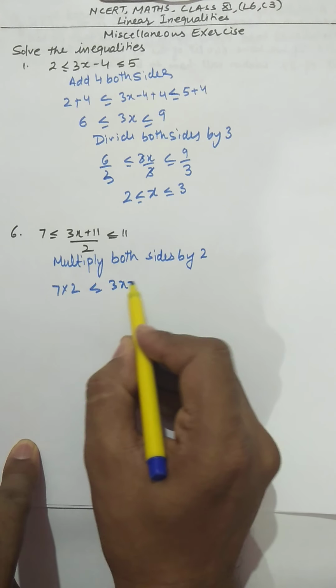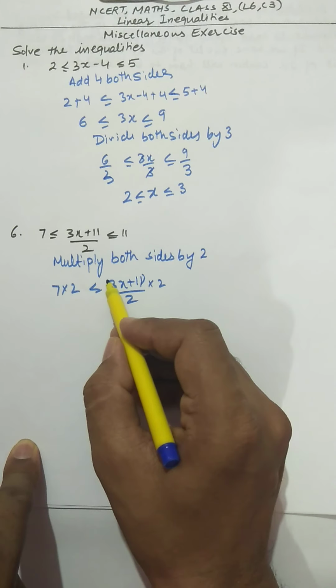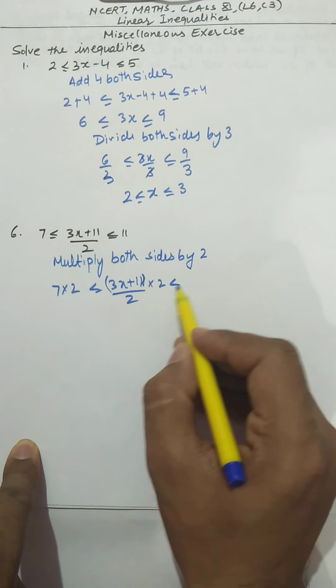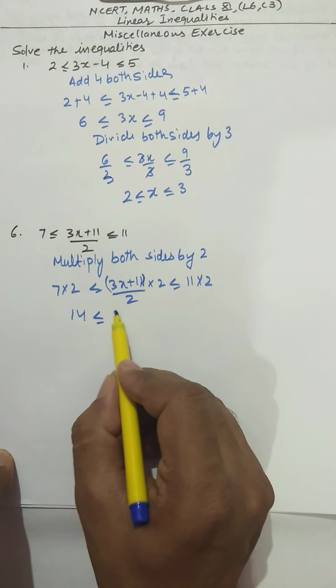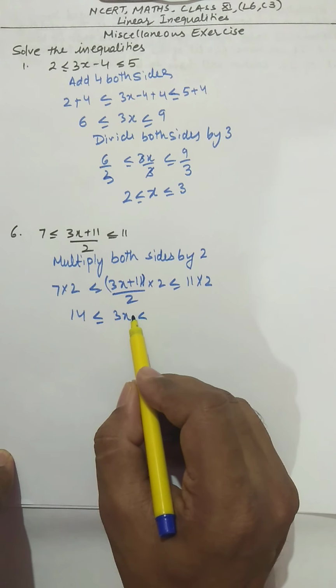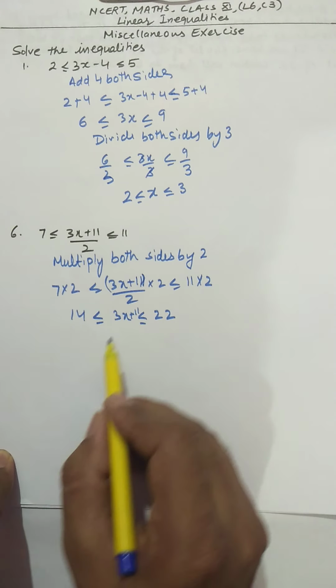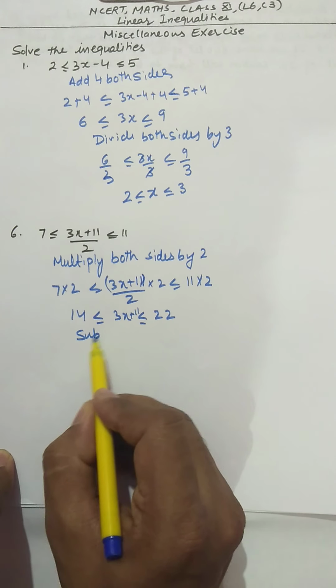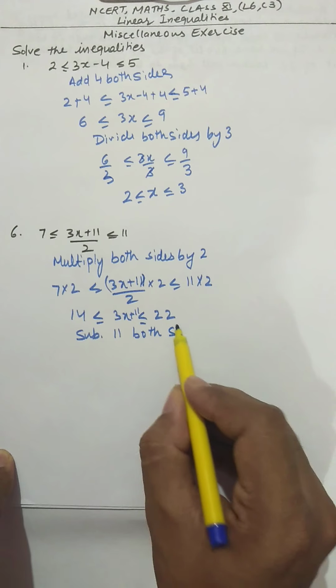This is 3x plus 11 upon 2 into 2, and you put the bracket, this is 11 into 2. So this is going to be 14, this is 3x plus 11, and this is going to be 22. Now we subtract 11 both side.